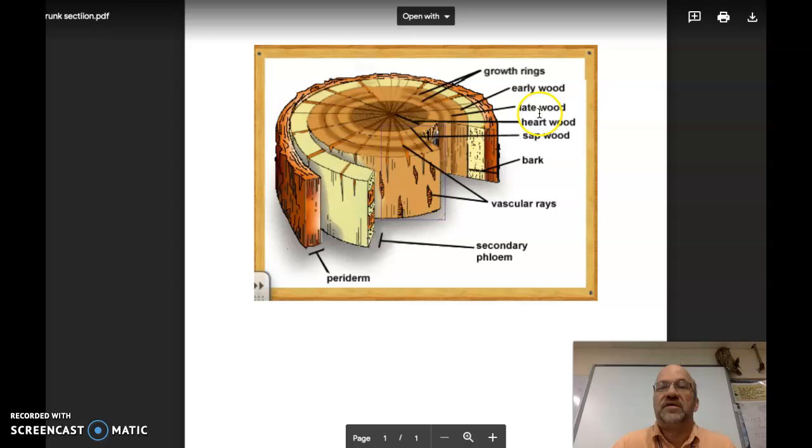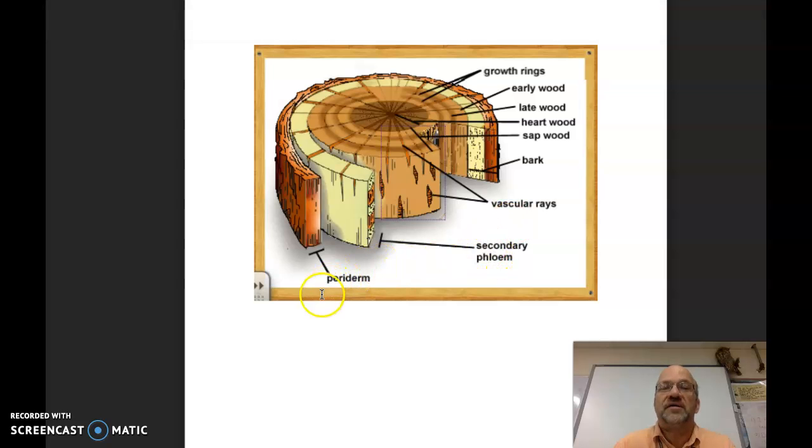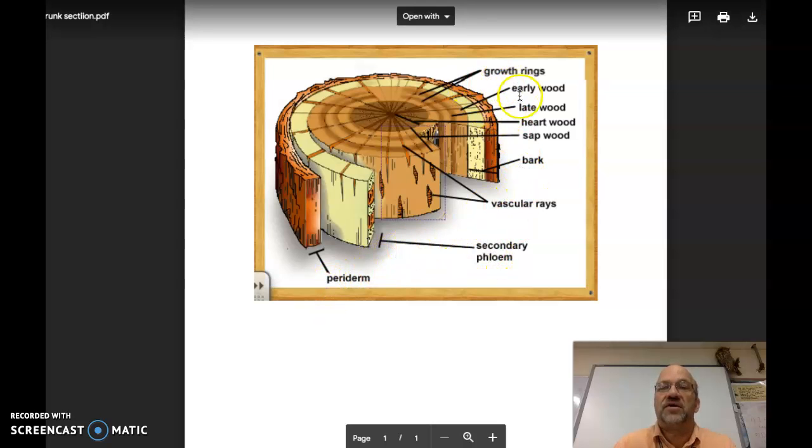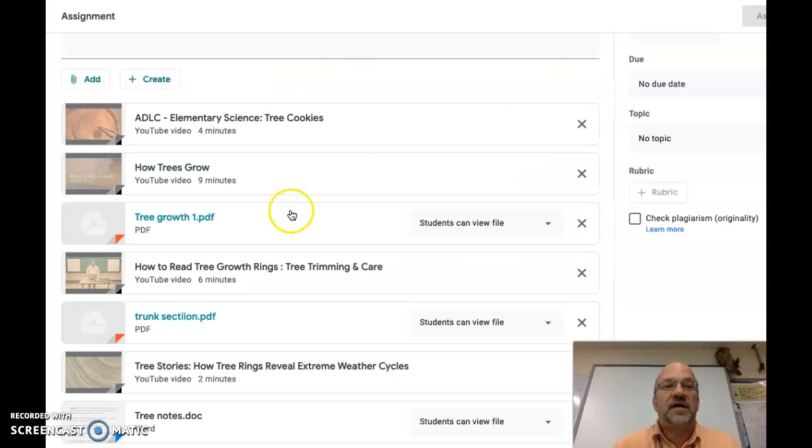All of these have a different function, and a lot of these functions are in the notes, so you know what they are. I want you to see this so that you understand how a tree grows and what it involves. So make sure you look at all of these so that you can see and learn about that.